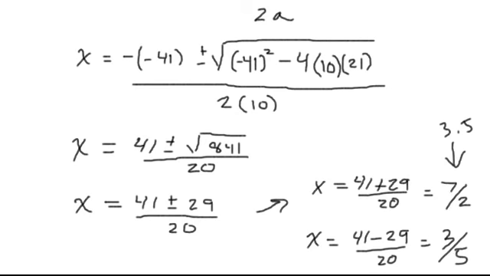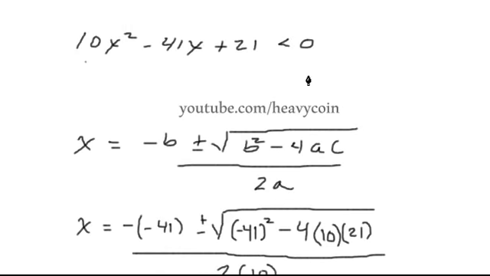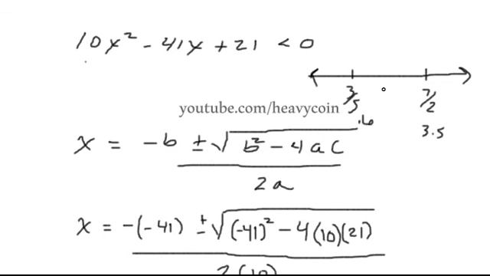What we're going to want to do now is draw a number line, and I'm going to try to sneak that in right here. Okay. So this was 7 halves, and then this over here was 0.6 or 3/5. So it's 3.5 and then 0.6 right here.